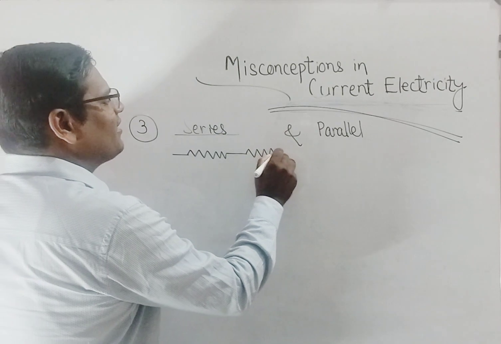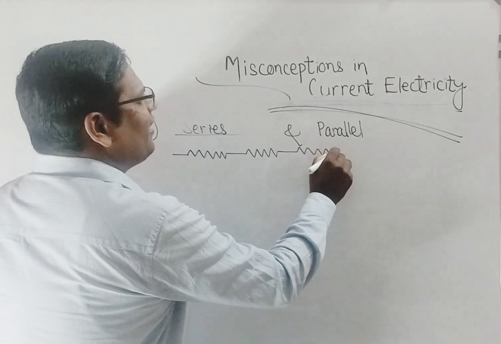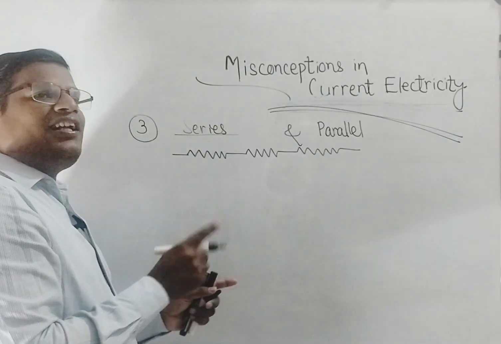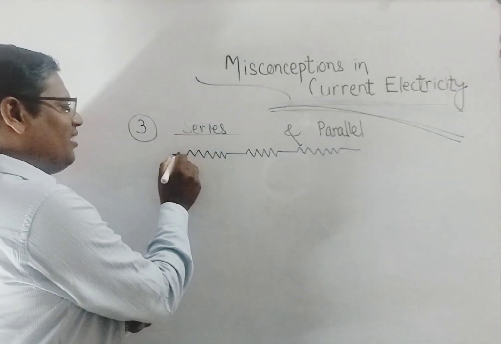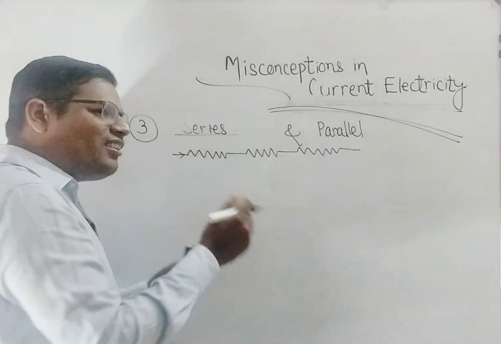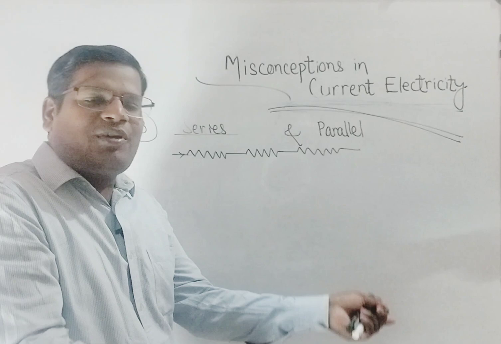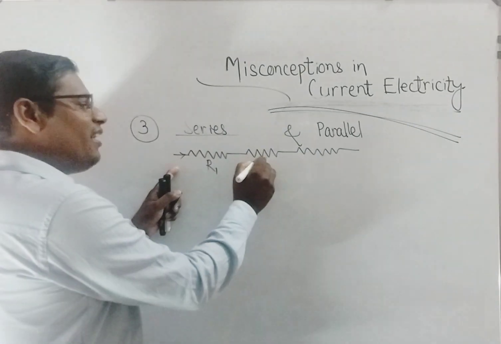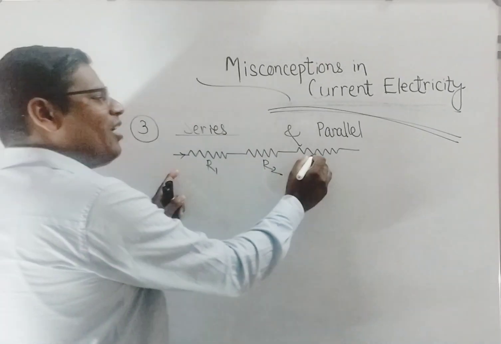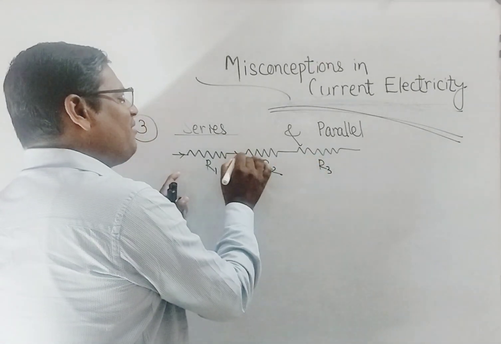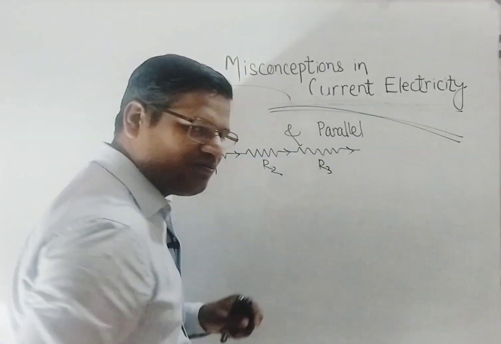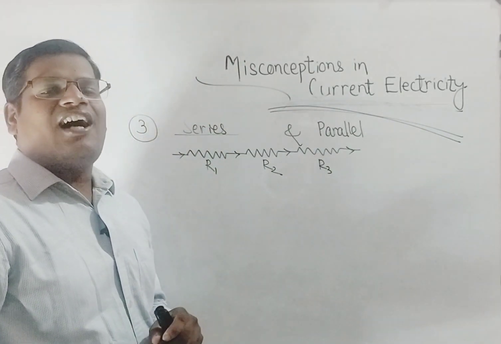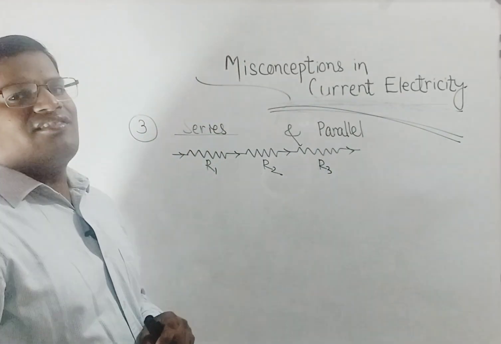Let's say these are the resistors, and let's say they are connected in such a way that the same current has to flow through each of them. All the three resistors come in the same path. There is no branching. So whatever current enters here, it comes out from R1 and it enters R2. It comes out from R2 and it enters R3. The same current has to flow through all of them. Then the resistors are said to be in series.